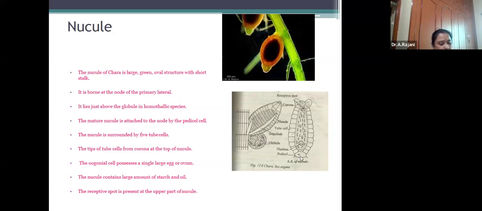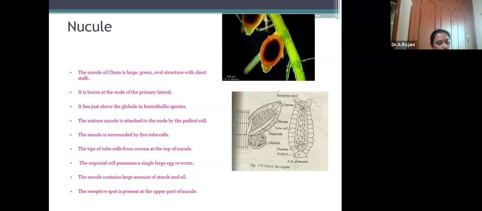The nodal cell divides into a central cell surrounded by peripheral cells. These are elongated tubular cells, and small corona cells are also present.